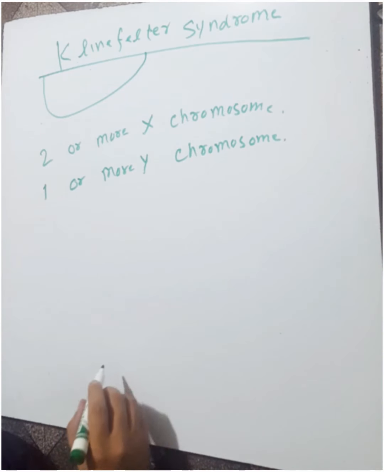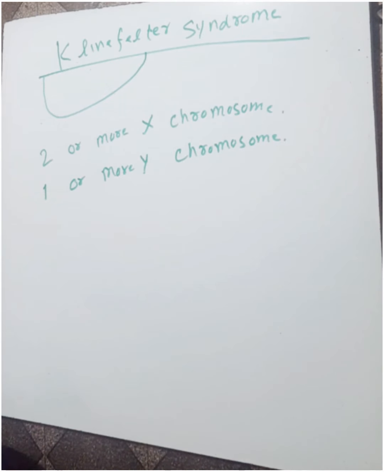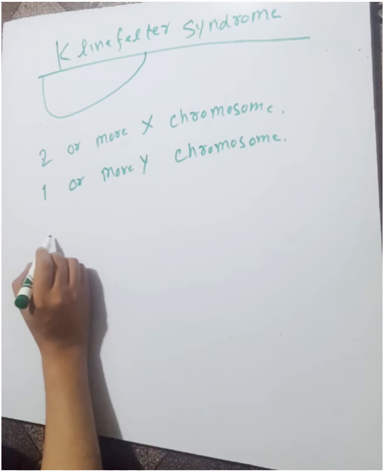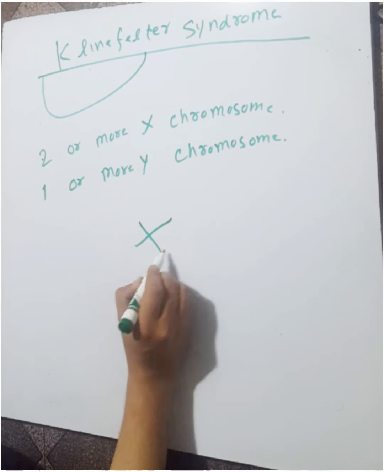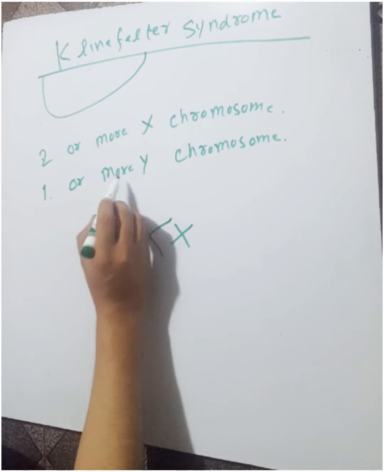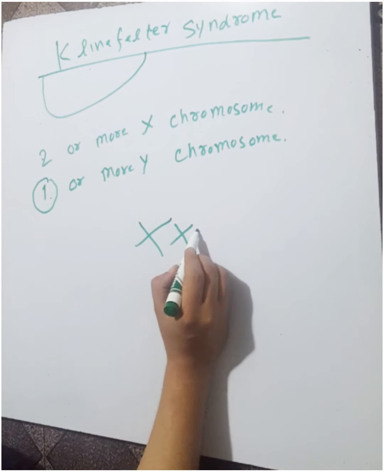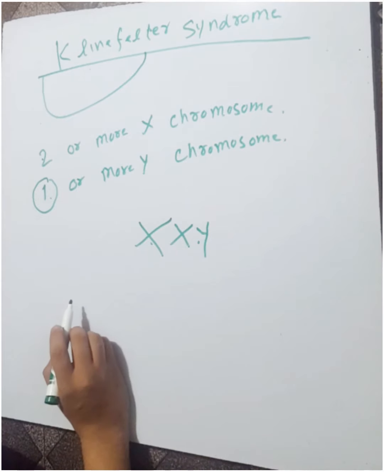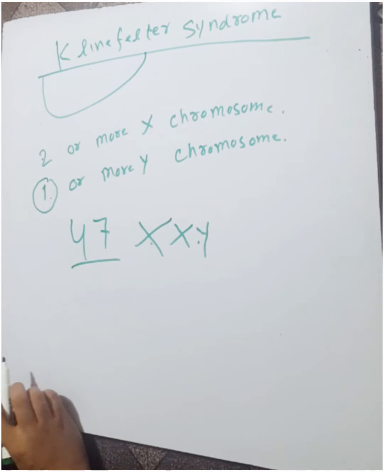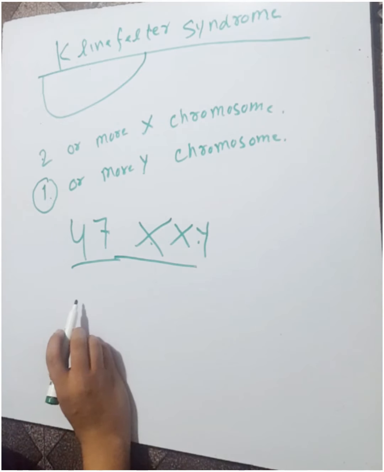When there are two or more X chromosomes and one or more Y chromosomes, for example two X chromosomes and one Y chromosome, XXY, this becomes 47 XXY.